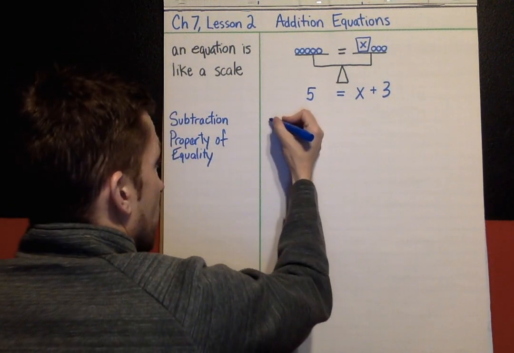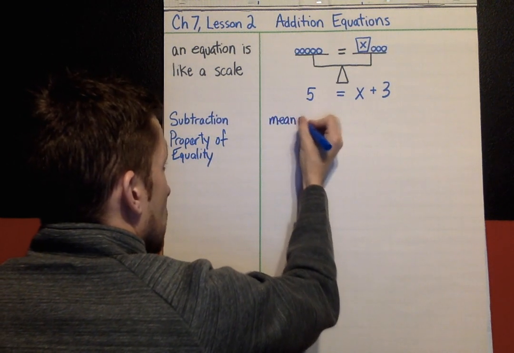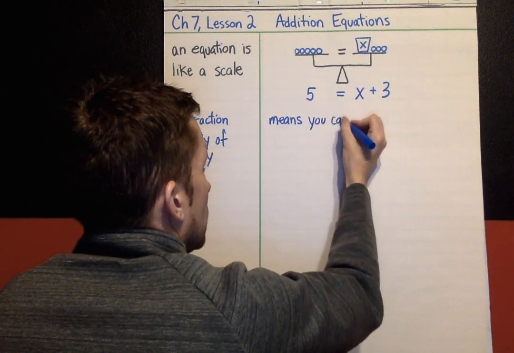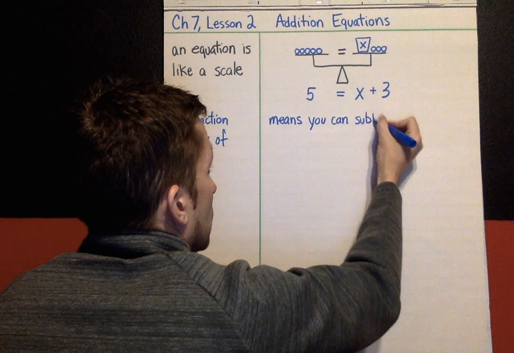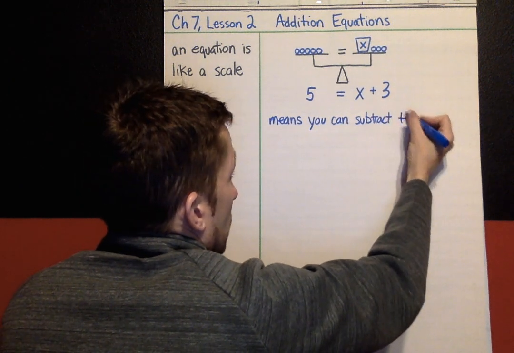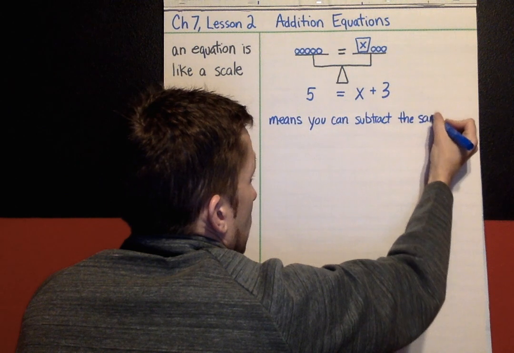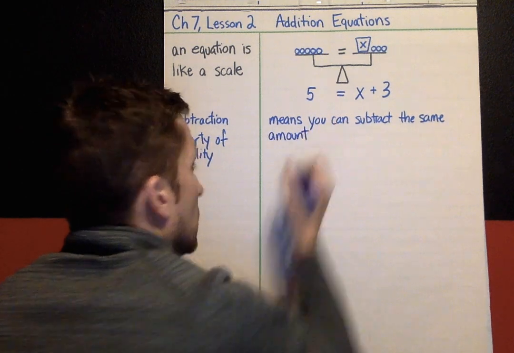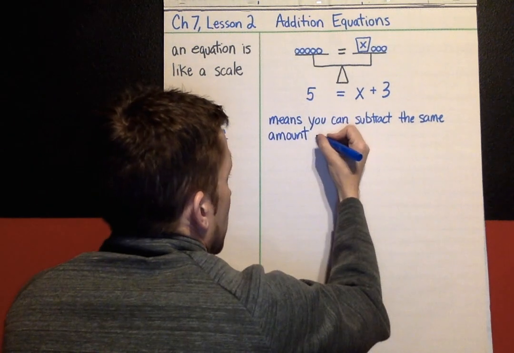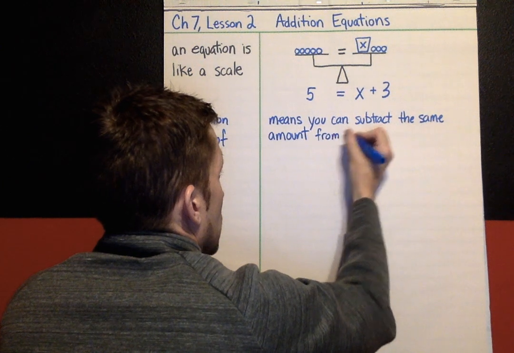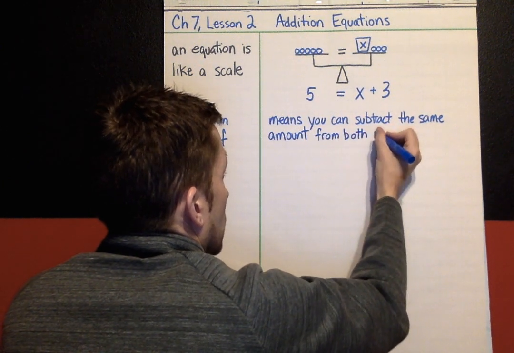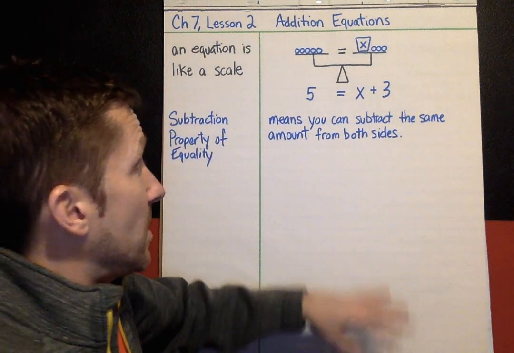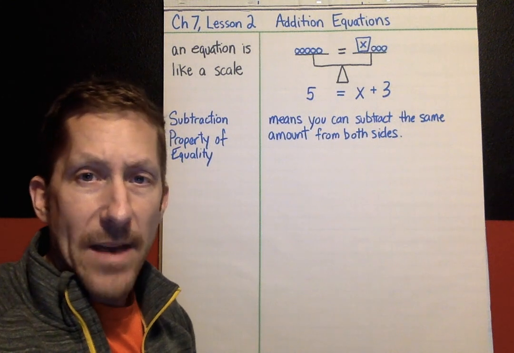The subtraction property of equality means you can subtract the same amount from both sides of the scale, or the equation.